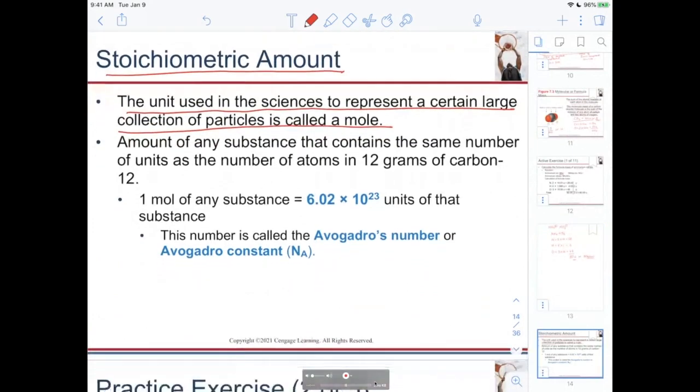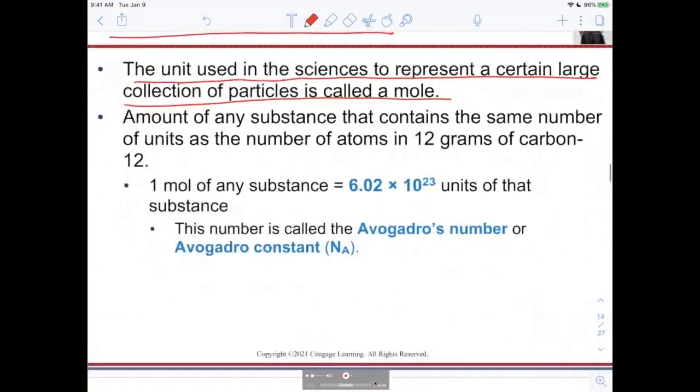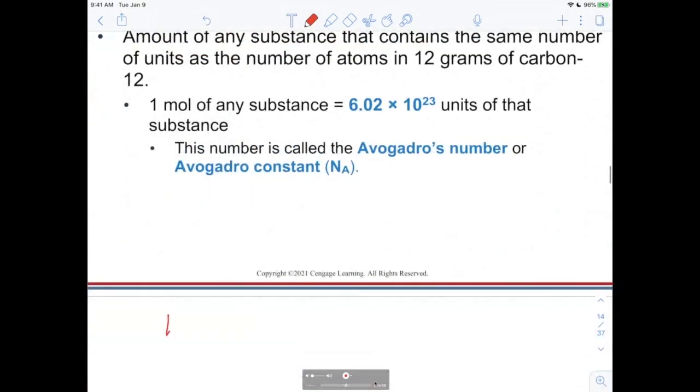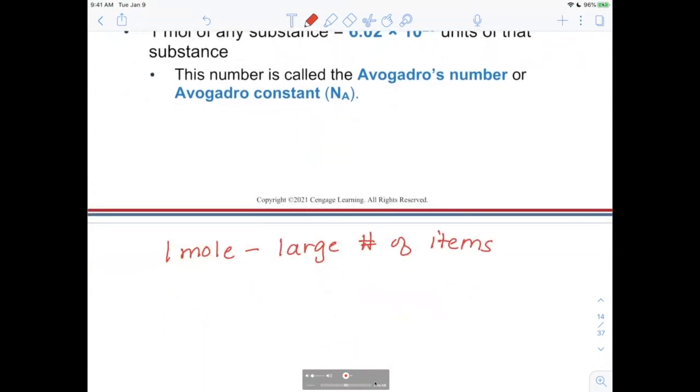So let me go down here. When we talk about the mole, one mole represents a large number of items. It could be whatever. Okay. So for us to understand that the mole represents a number, let's start with some terms, some words we're more familiar with, words that represent numbers.